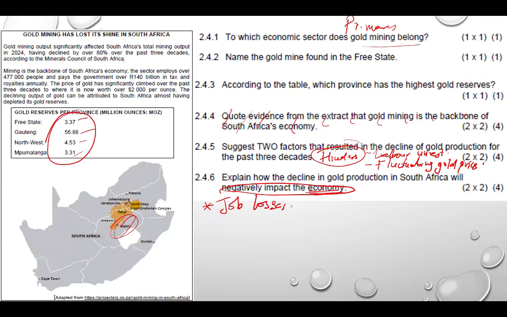And if there are job losses, it means there is going to be loss of income. Loss of income is going to result in a decline in GDP.